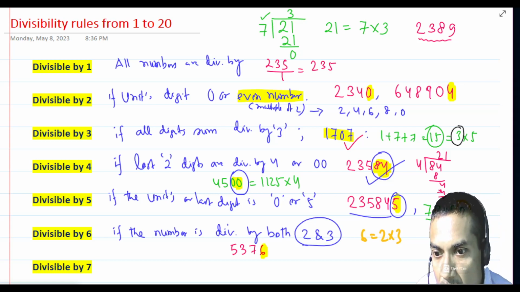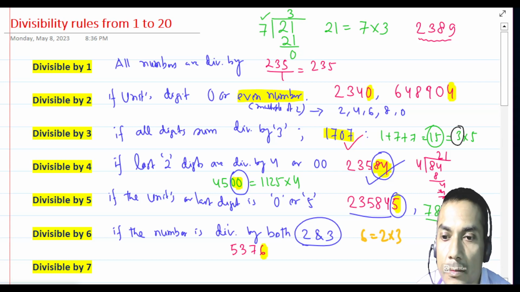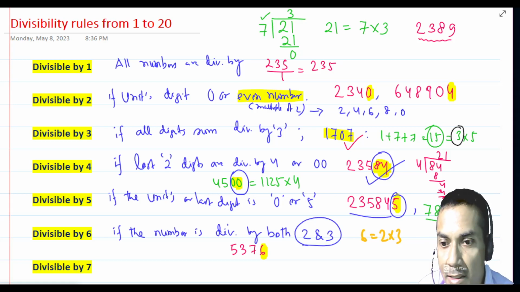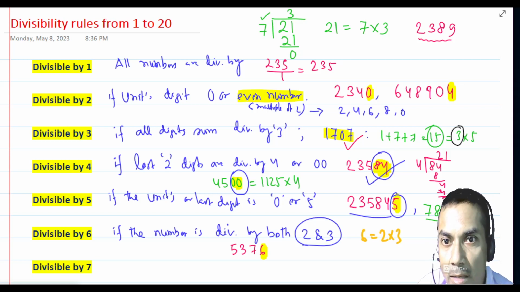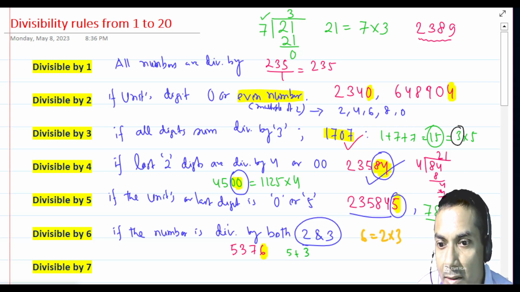There is a 6, so it is an even number, and since it is an even number, it is divisible by 2. And why is it divisible by 3? You add all the digits: 5 plus 3 plus 7 plus 6.